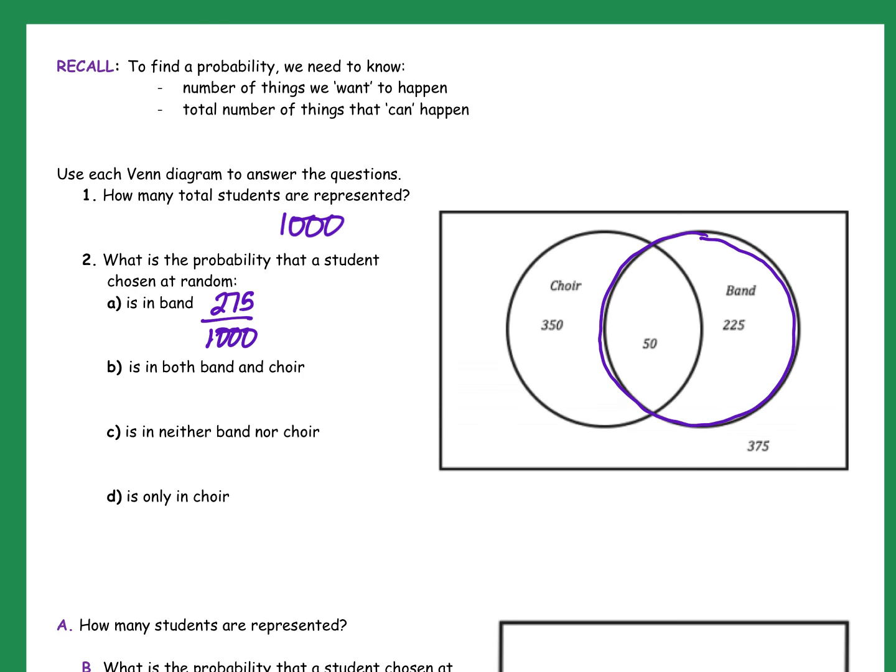How do I get a fraction to become a decimal? Anybody? I divide, right? I take 275 and divide by 1,000. In my calculator, it is equal to 0.275.